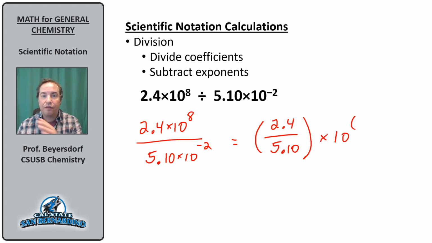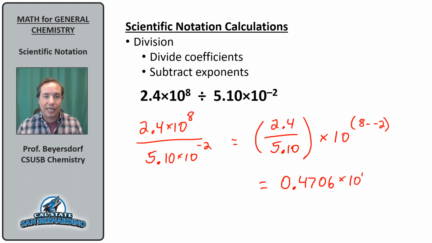And instead of adding like we did in multiplication, now we subtract. So it'd be 8 minus the negative 2. When I do this on my calculator, I get 2.4 divided by 5.1. That's going to get me 0.4706 times 10. I'm taking 8 minus negative 2, so that's 10 to the 10.